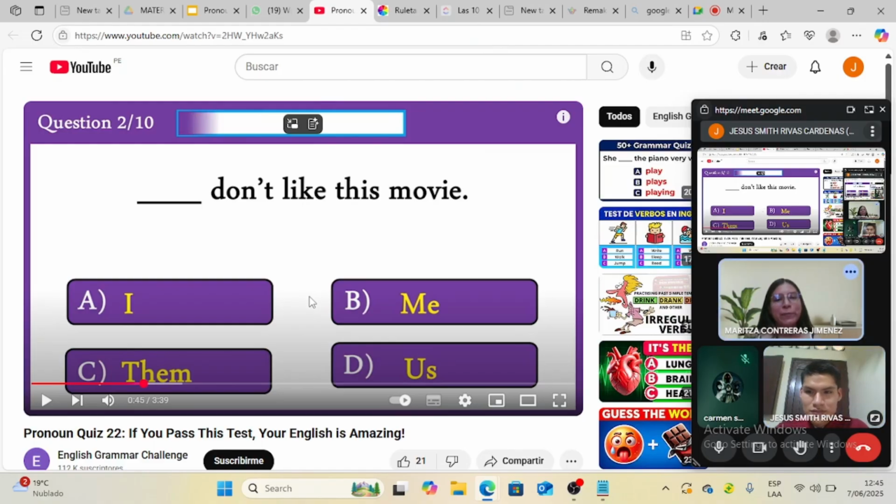Letter A. Okay, letter A. I don't like this movie. Okay, why don't you like it, Maritza? Tell us. It was terrible. Okay, bad movie. It was terrible. Okay, and let's see if that's the correct answer.